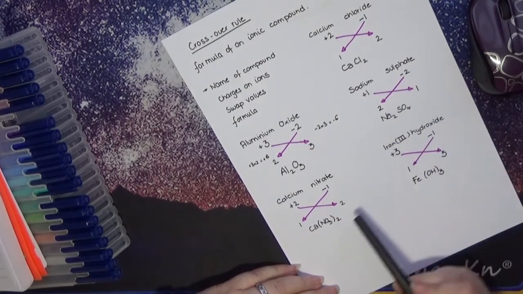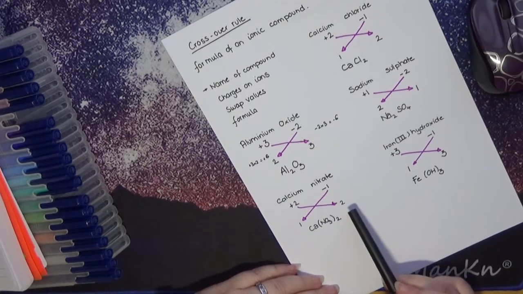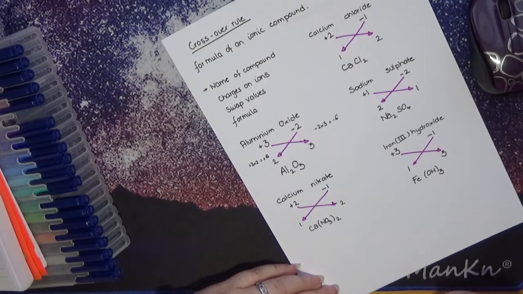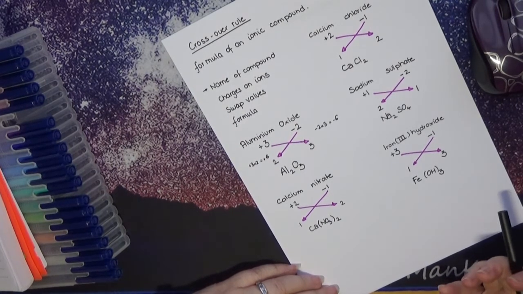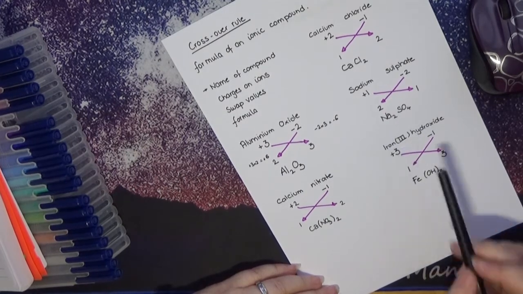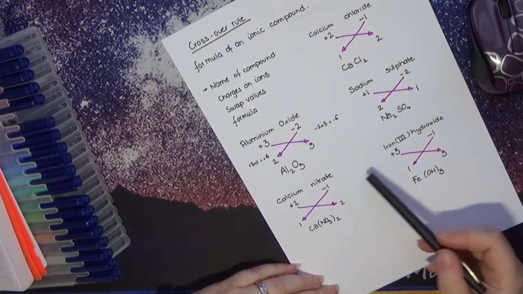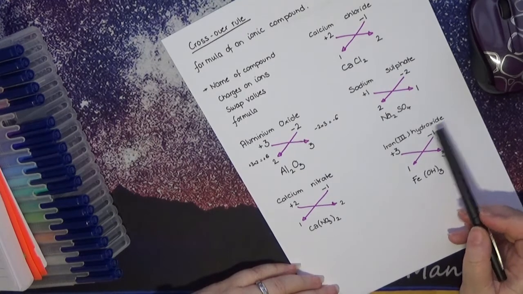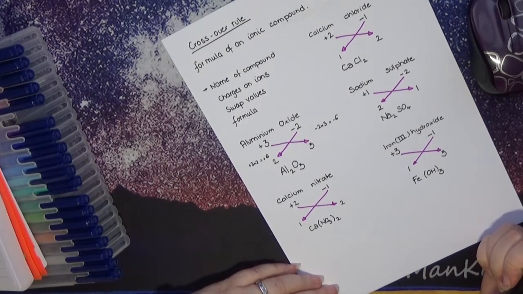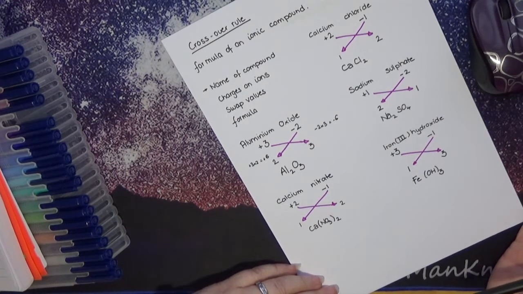If there's more than one, as there was in calcium nitrate, where I needed 2 of them, I put brackets round the nitrate to show that it's a compound ion and it's going to stay together. If I've got Roman numerals anywhere in my formula, iron 3 hydroxide, that tells me the iron is on a +3 charge. So there we go.